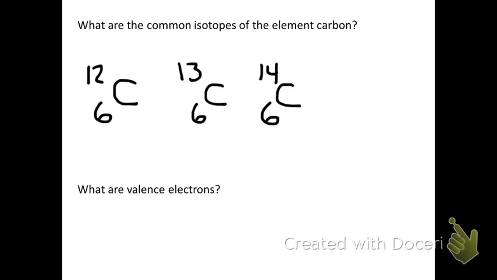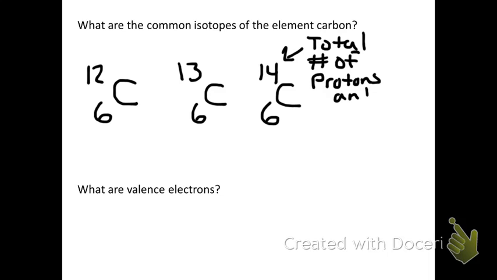So, what is the atomic mass telling us? Well, it tells us the total number of protons and neutrons.